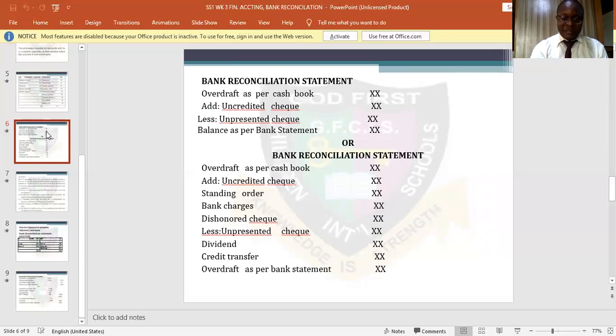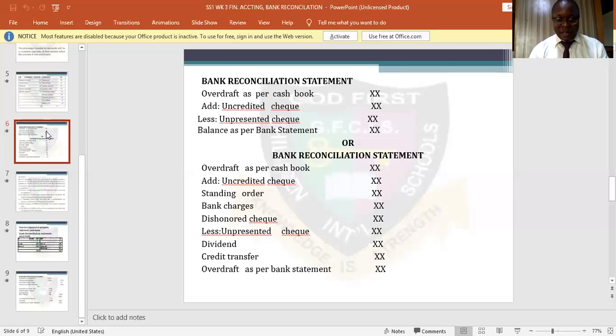Another format is that you start with the overdraft as per cash book. Then you are going to have all these items, like standing order, bank charges, dishonoured check.